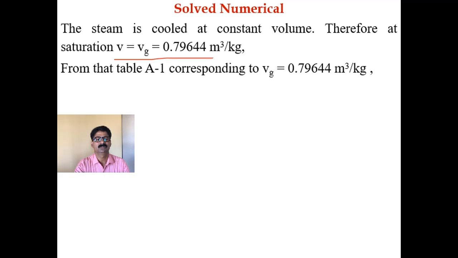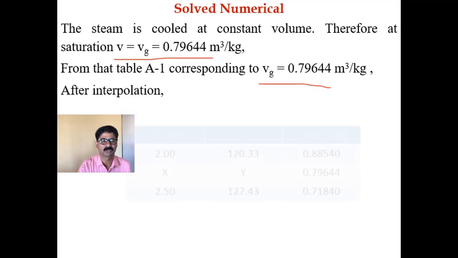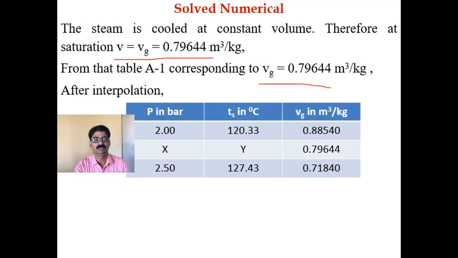So from table A1, you have to search for the value 0.79644 meter cube per kg in the Vg column, but there is no exact value. What you can find are 0.88540 and 0.71840, between which 0.79644 lies.